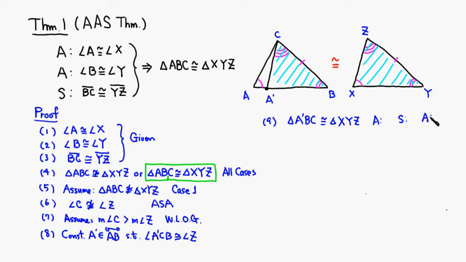Let's identify those angle, side, angle. Here the angle would be angle B and angle Y, which is line number 2. The side is BC and YZ, which comes from line number 3. And the last one is line number 8.